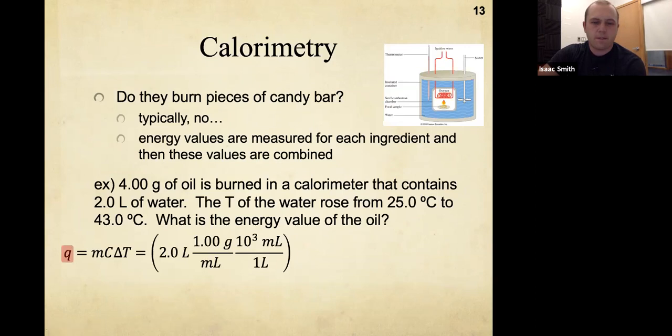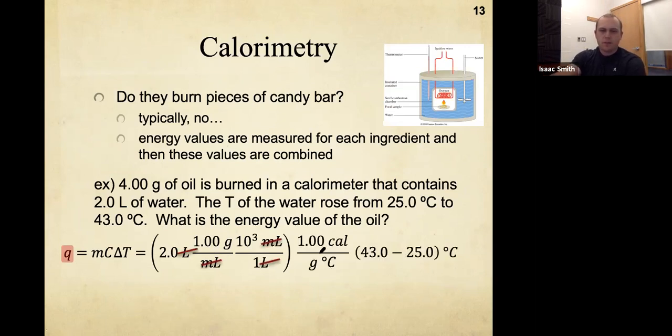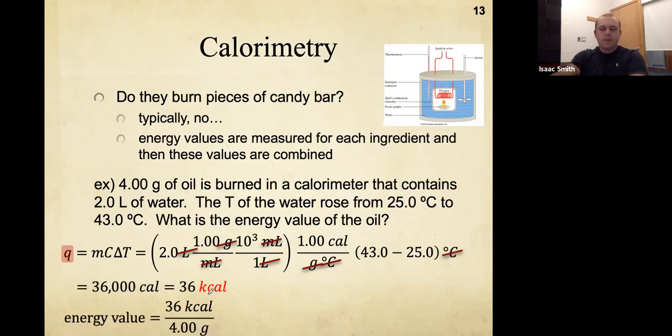Okay, so again, this whole quantity here is just converting volume into grams using the density to get the mass of the water. Multiply it by C, which is the specific heat, and then by delta T, and it's 36 kcals that are released, okay?